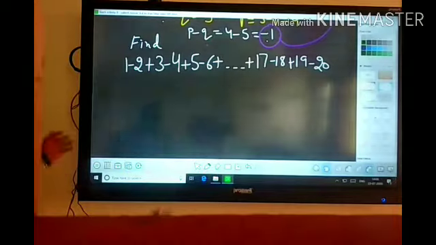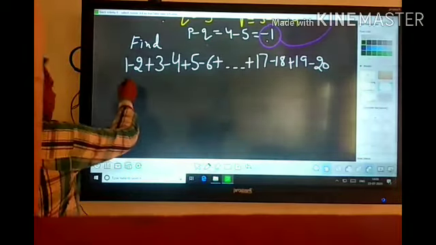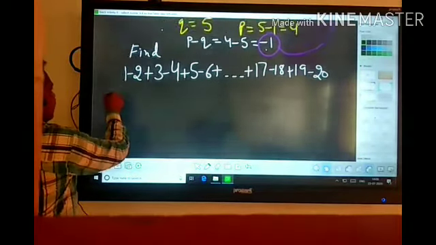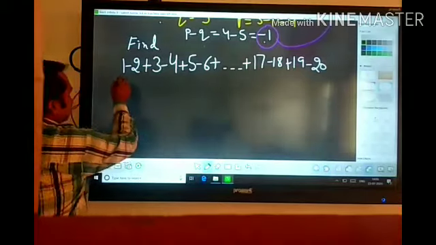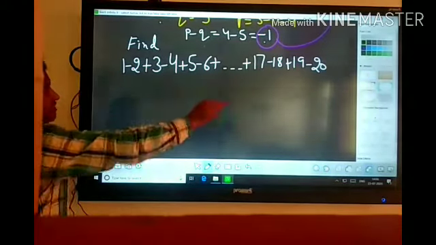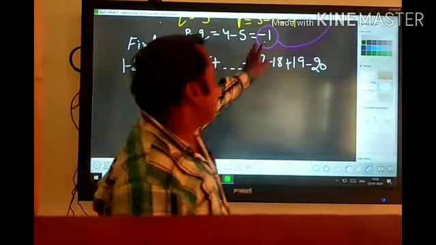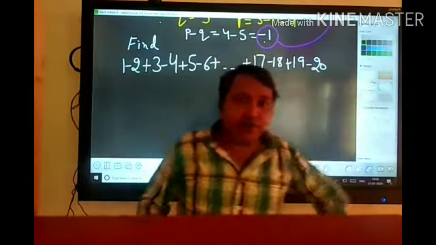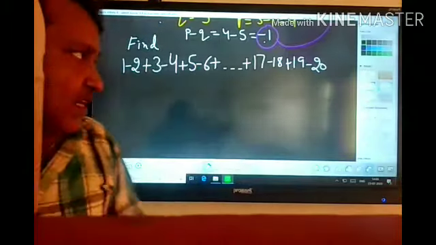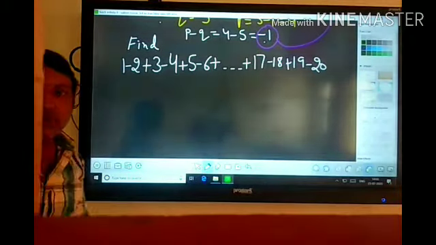Now, how will you find the sum of all these? Firstly, you start from 1 and end at 20. So how many integers are there? There are 20 integers.